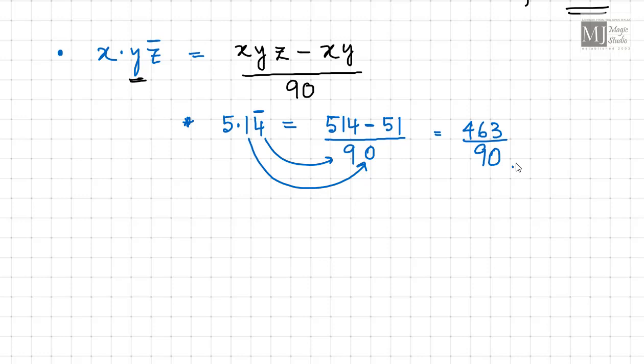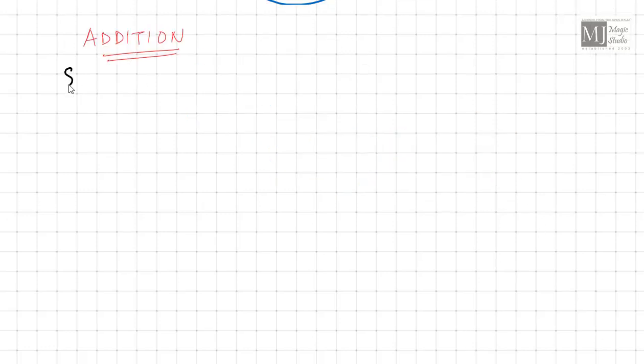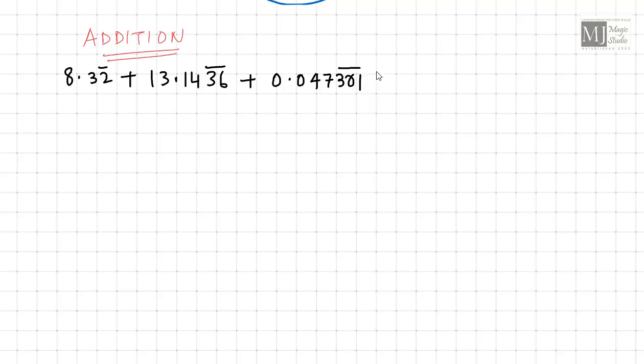I hope the conversion of recurring numbers to fractions is clear with us now. Find 8.32 recurring on 2 plus 13.1436 recurring on 3 and 6 plus 0.047301 recurring is on 301, and to this I need to add up 0.2347.